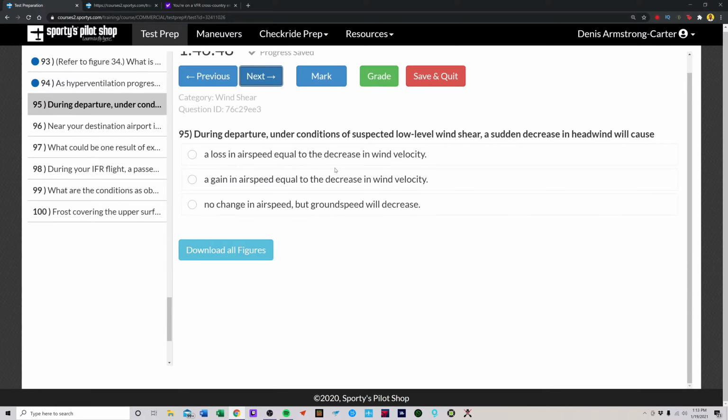During departure under conditions of suspected low-level wind shear, a sudden decrease in headwind will cause... So you've got a headwind, and then all of a sudden you lose it.